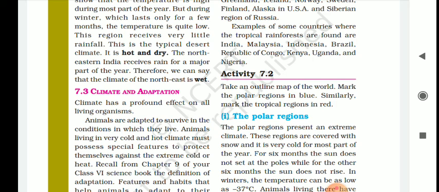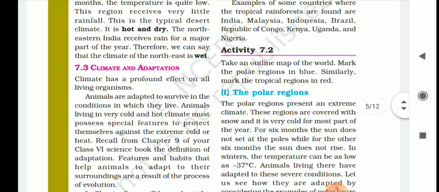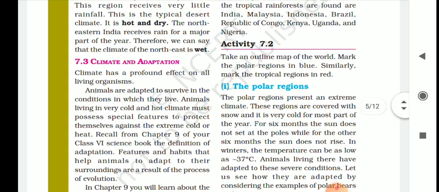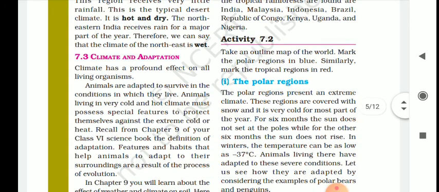Climate has a profound effect on all living organisms. Animals are adapted to survive in the conditions in which they live. Animals living in very cold and hot climates must possess special features to protect themselves against the external cold or heat. Some different kinds of adaptations develop in their bodies.